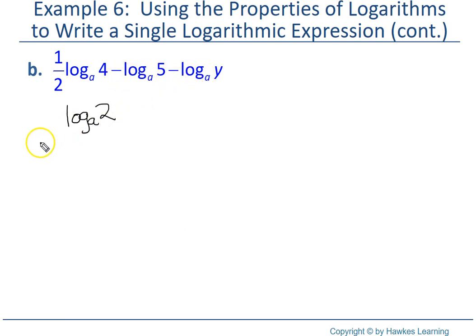And both of these now we know are going to be down in the denominator here as log base A of 5. And this is going to be log base A of y, so this is just going to be a y here.